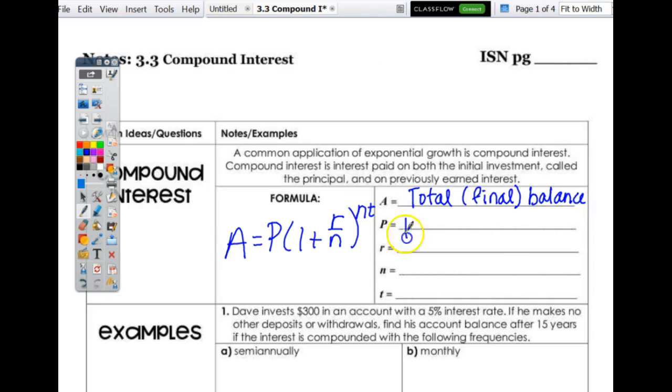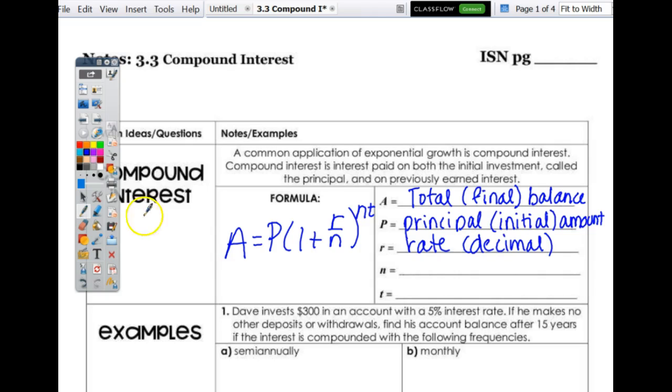The P stands for the principal, or the initial amount. The R is the rate, and in the formula you have to make it a decimal. It'll be given as a percentage and you have to change it to a decimal.